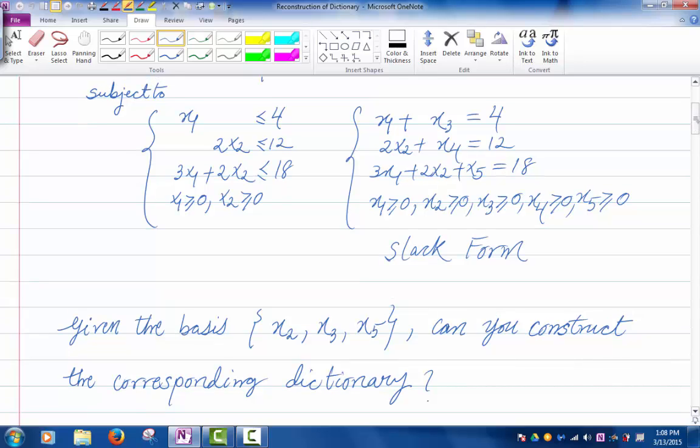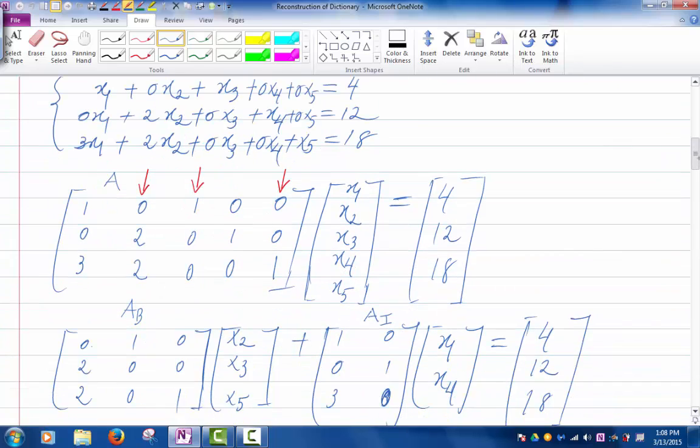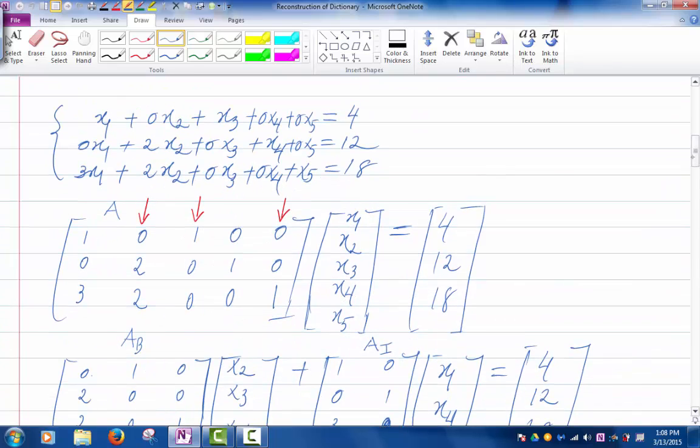I'm going to replace the slack form with this one. It's the same as the slack form, except that I wrote down all the variables, putting 0 coefficients for the variables that don't appear in these equations. So each one of them is an equation in 5 variables.